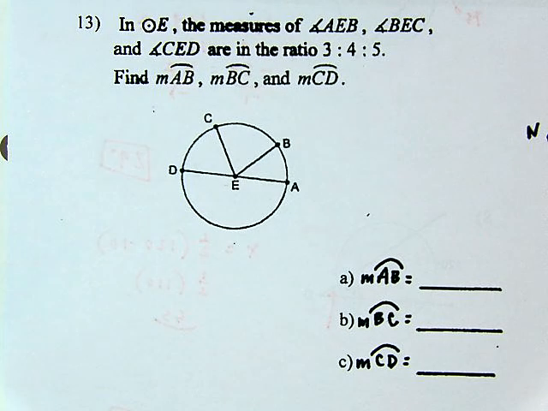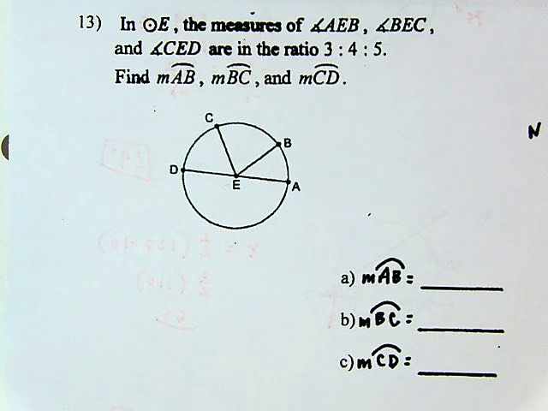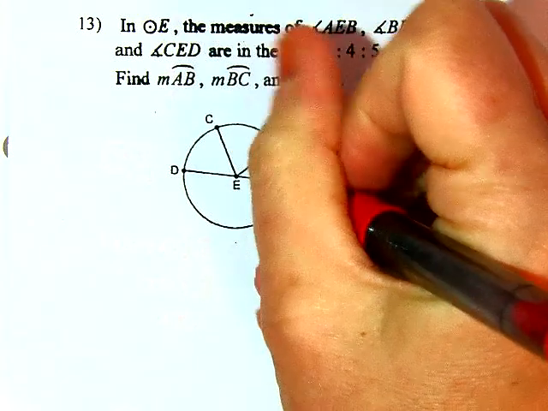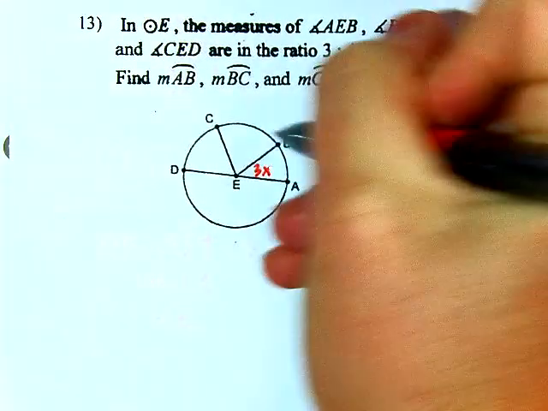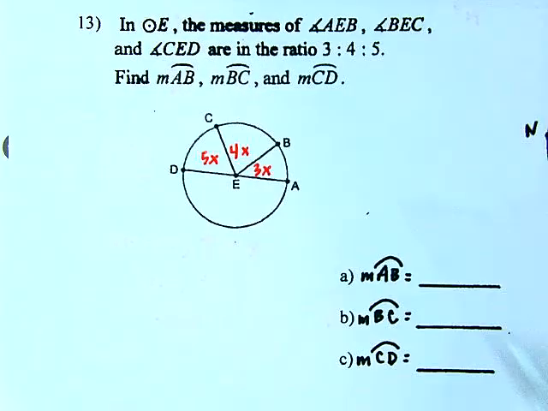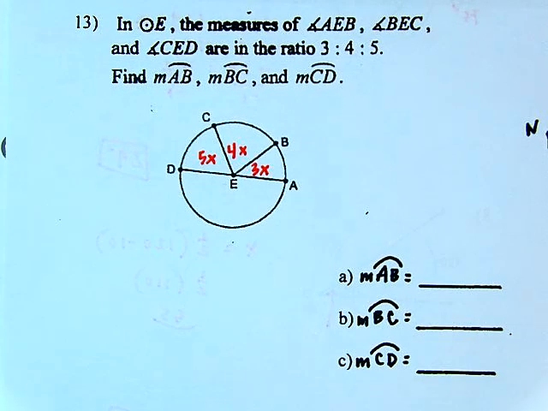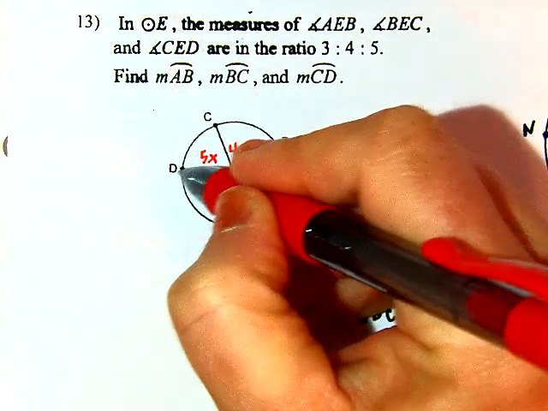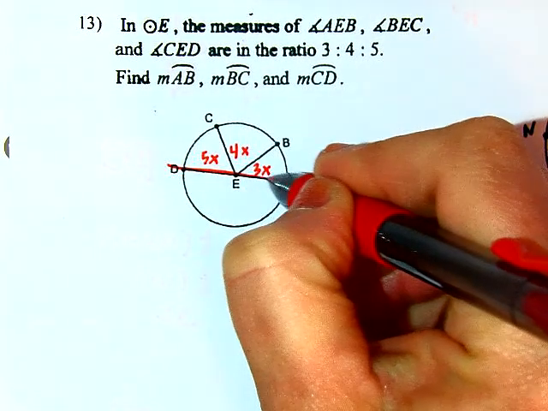All right, so we've seen this before. If we have angles or arcs that are in a ratio, we know that we can just attach an x. So I can say this is 3x, this is 4x, this is 5x. This is the multiplier that is being applied to make it a larger angle measure. Now I can see that right here, this is a straight pathway.